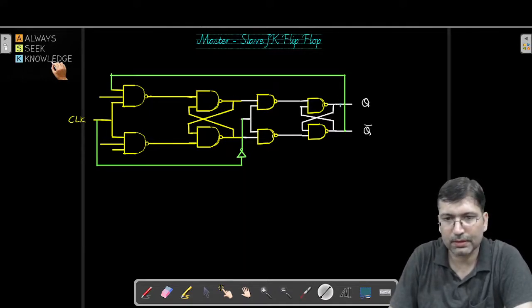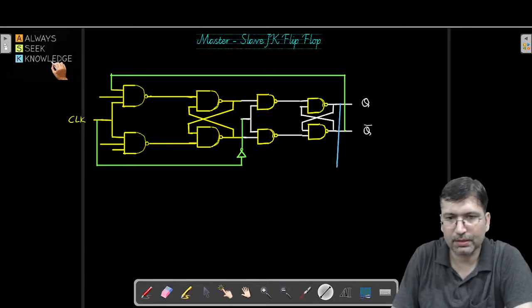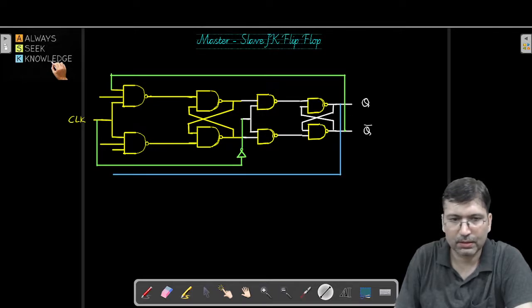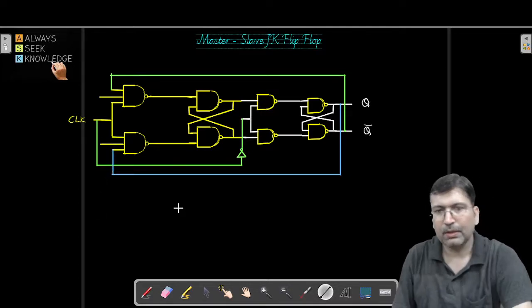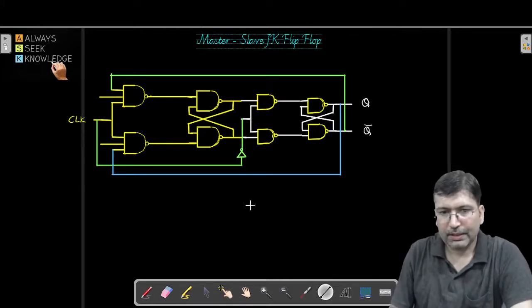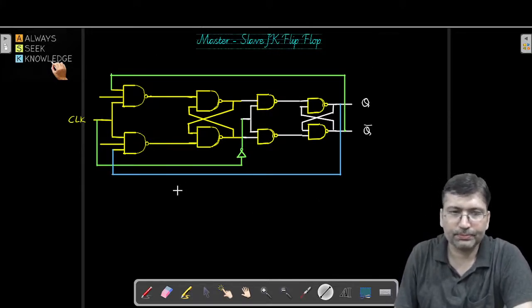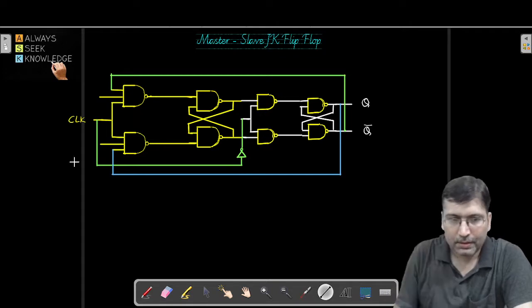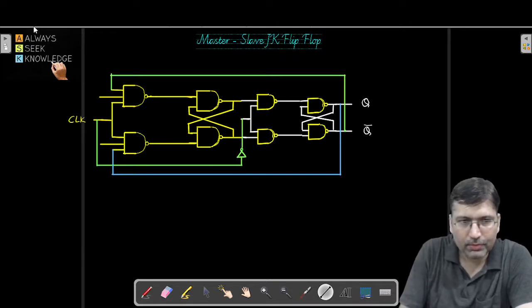This is, let's say, Q, and Q will connect here with this line. So this circuit will act as a master slave flip-flop, and we will pass inputs here.